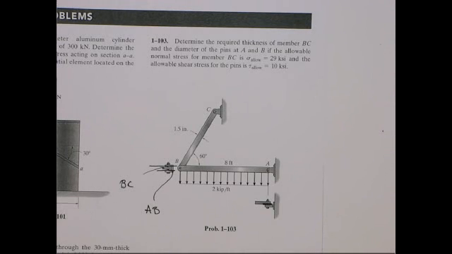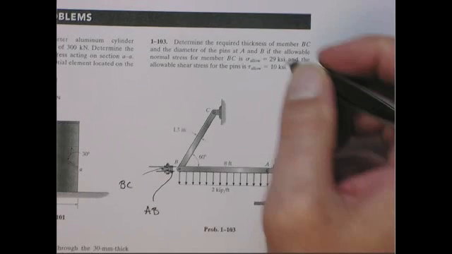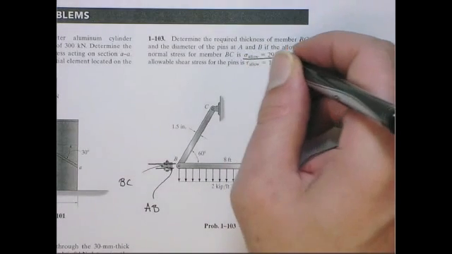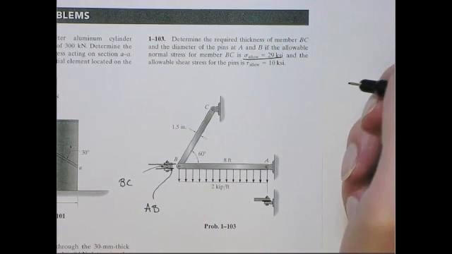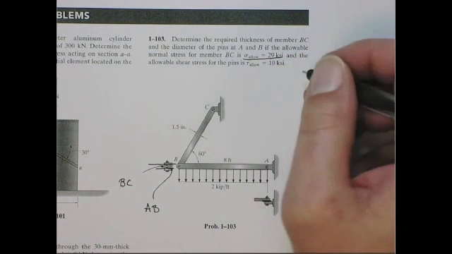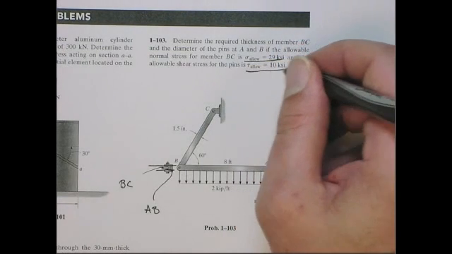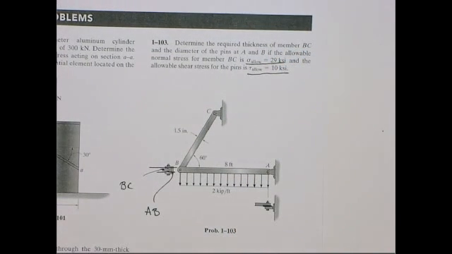And what it tells you is, as is typical, that the pins are made of a different material than the elements, so it gives you an allowable normal yield stress in element BC, and then also an allowable average shear stress in the pins. All right.